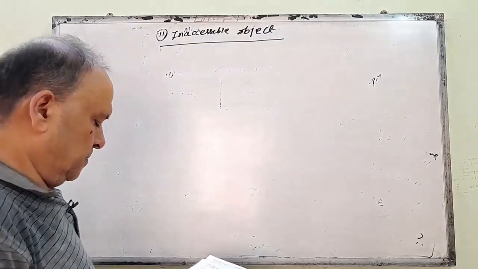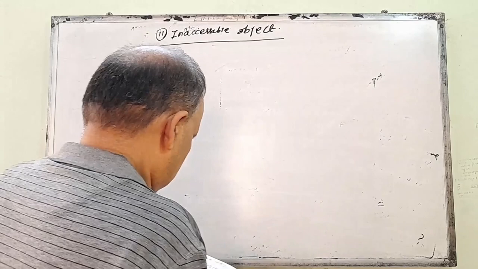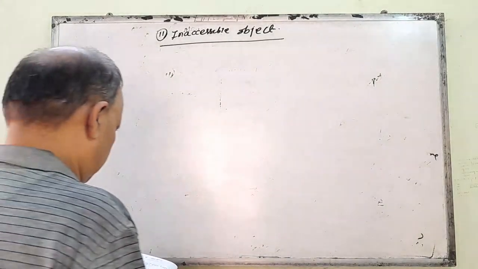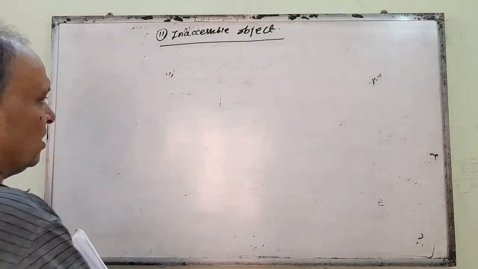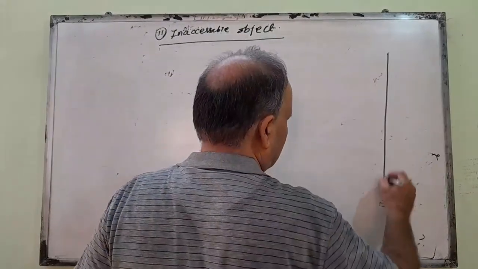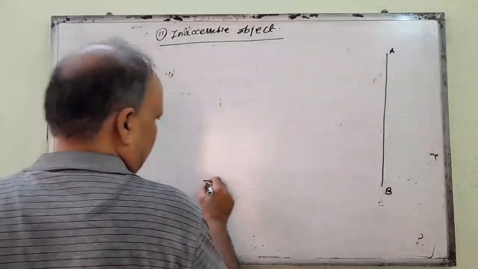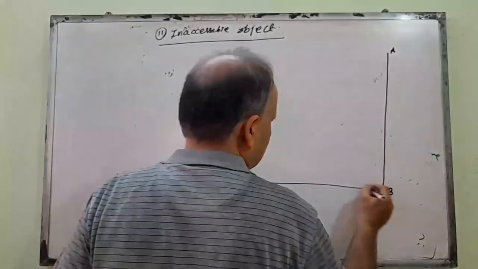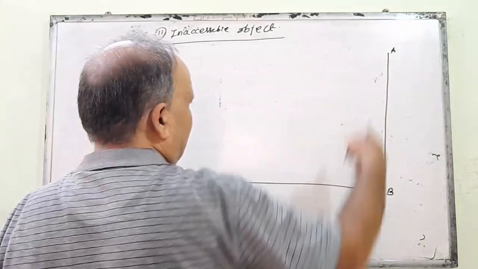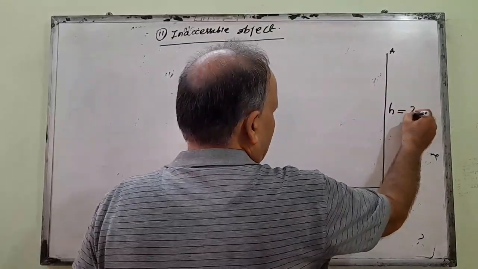How can you measure? Suppose AB is an inaccessible object and this is the plane. In this plane, AB is an inaccessible object whose height is equal to h and we measure by this method.